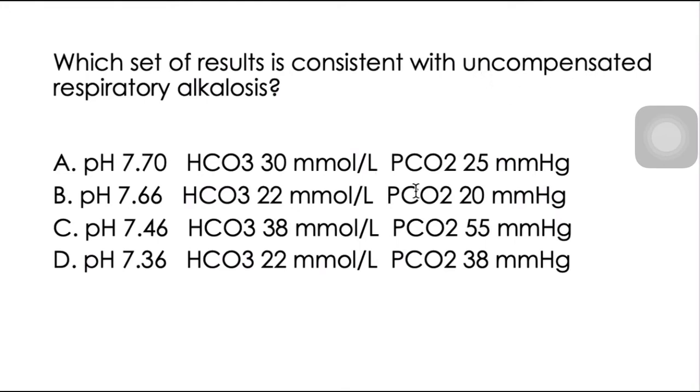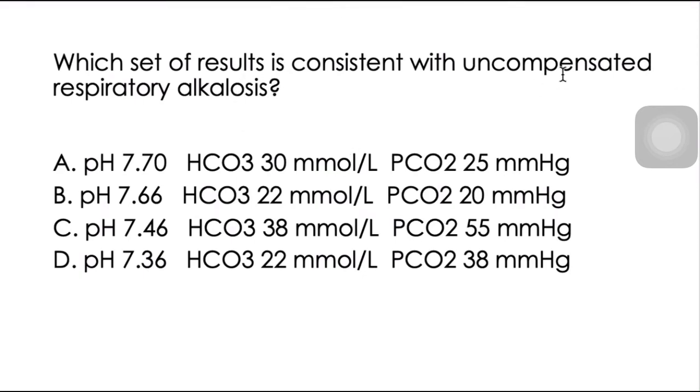So, di ba, the compensatory mechanism for respiratory alkalosis, the kidney will compensate by lowering the bicarbonate, no? Kailangan magkaroon ng acidosis, so kailangan mag-lower yung bicarbonate to counter yung alkalosis dito.